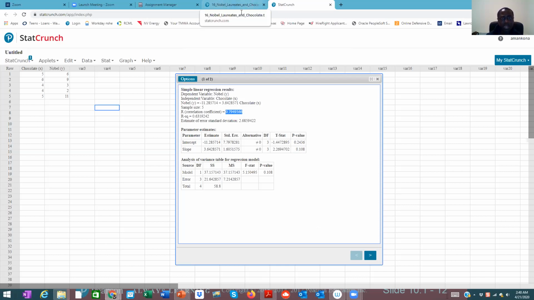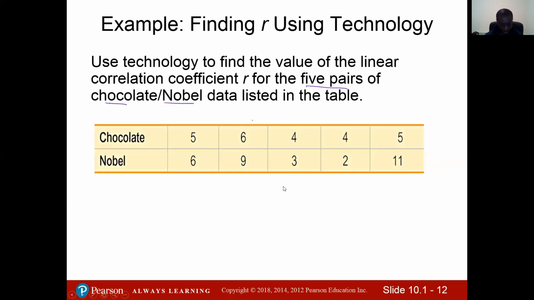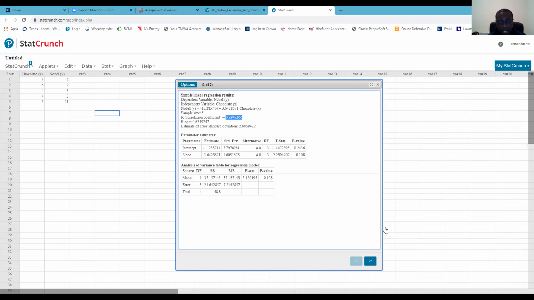So let's go back. And so here, the correlation coefficient between the two, R, is 0.795. Let's make sure we have that correct. Okay, it is 0.795. Perfect.